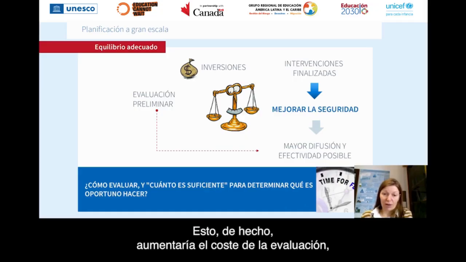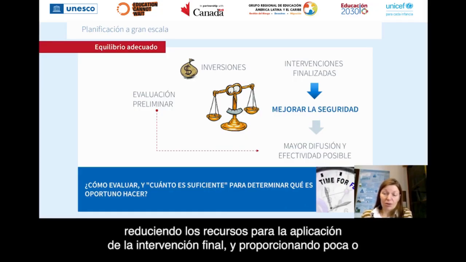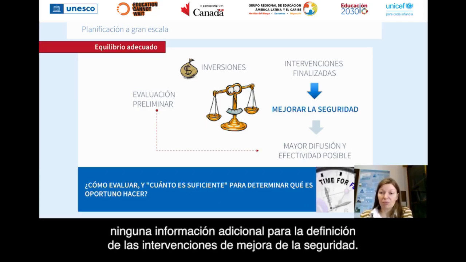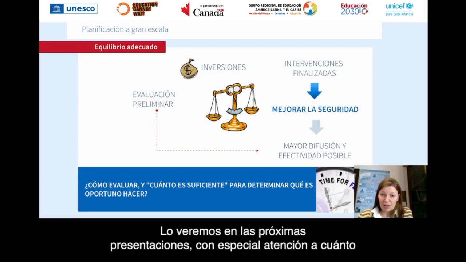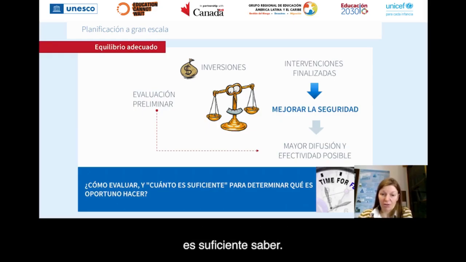This, in fact, would increase the cost of the assessment, reducing the resources for the application of the final intervention and providing little or no additional information for the definition of safety upgrading interventions. We will see this in the next presentations with a special focus on how much is enough to know.